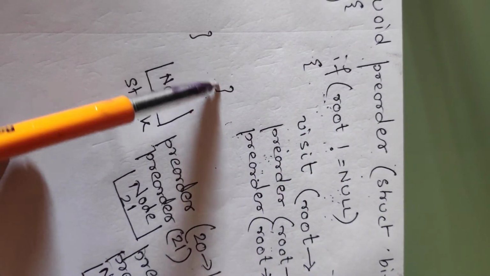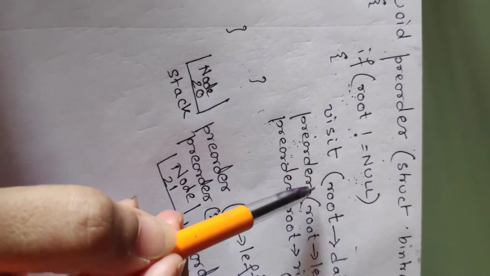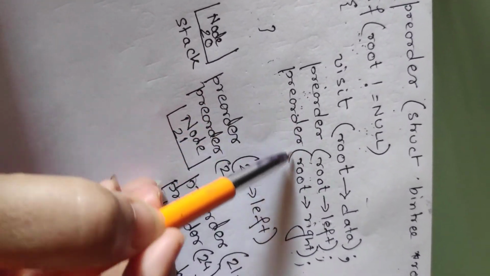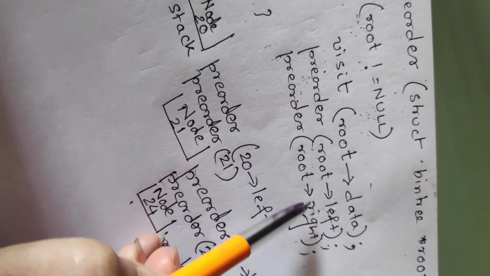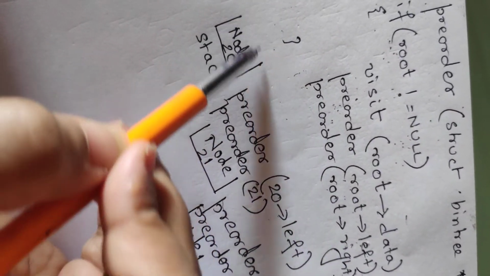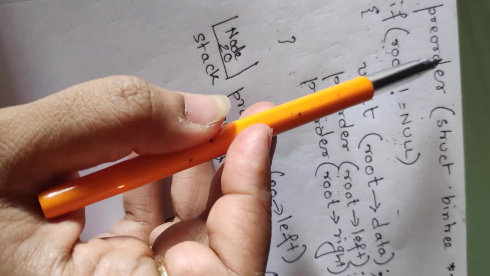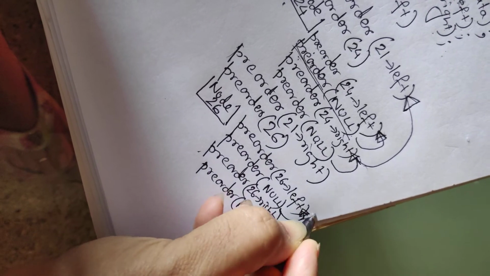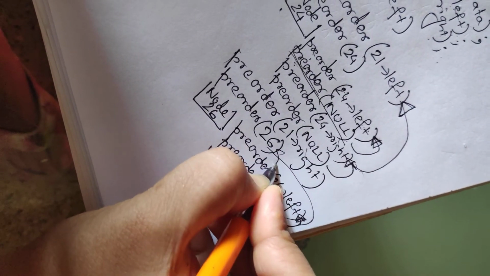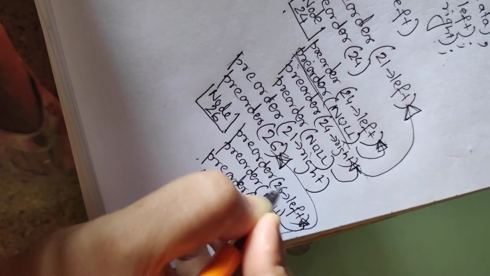So this if condition will not be executed. So you are again done with the 26 node. You have called 26 left, you have called 26 right, and there are no more executions in the function of preorder 26. So from here the control comes back to preorder 26.